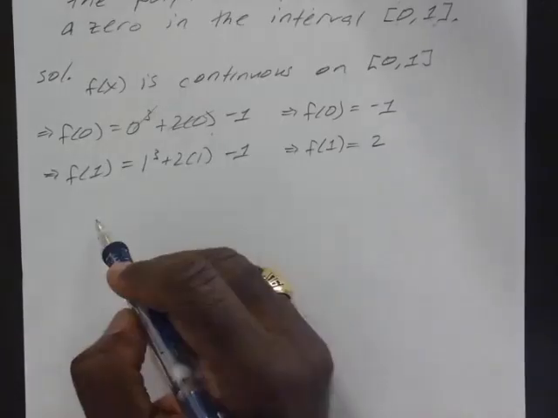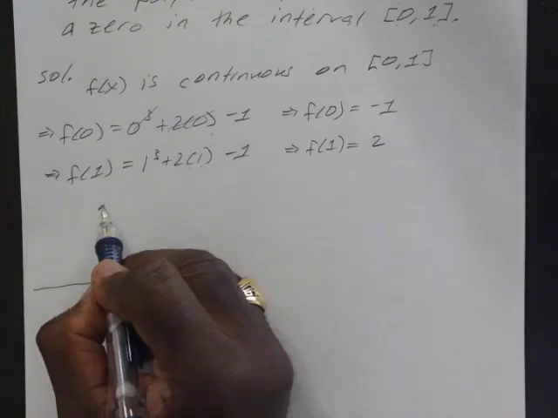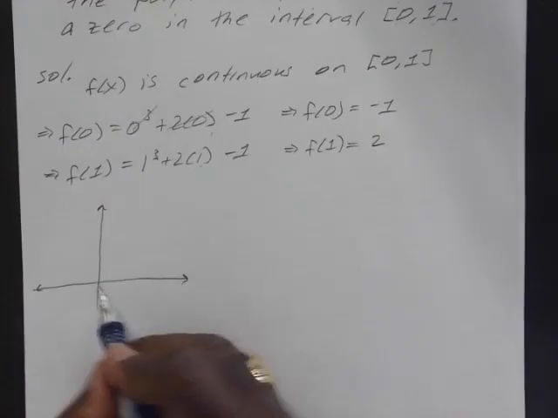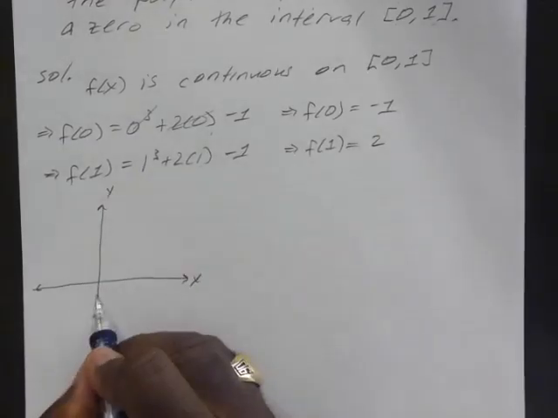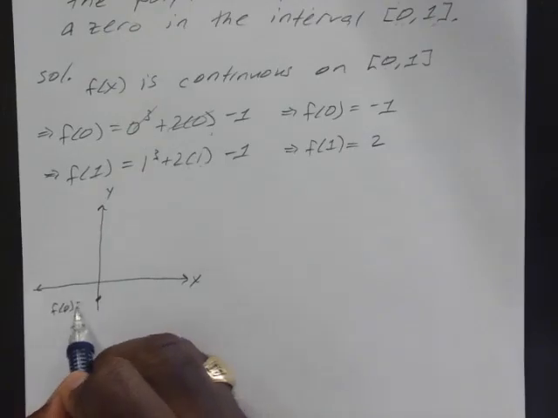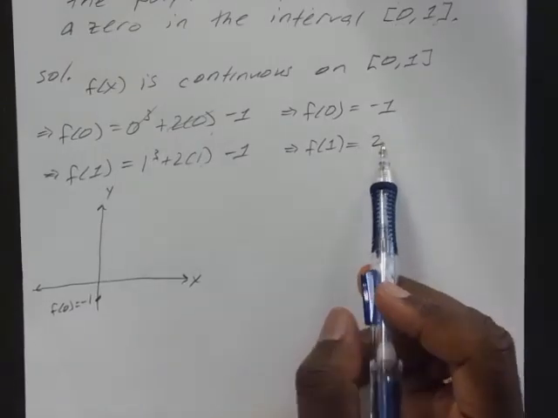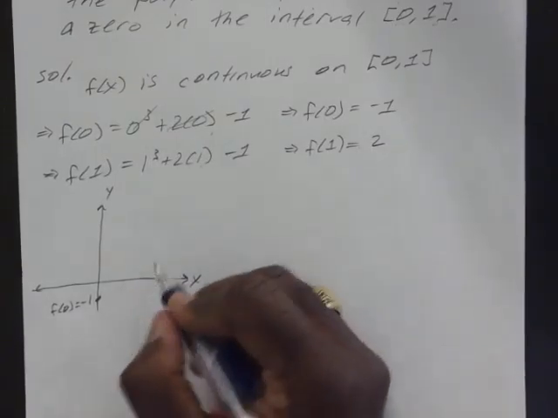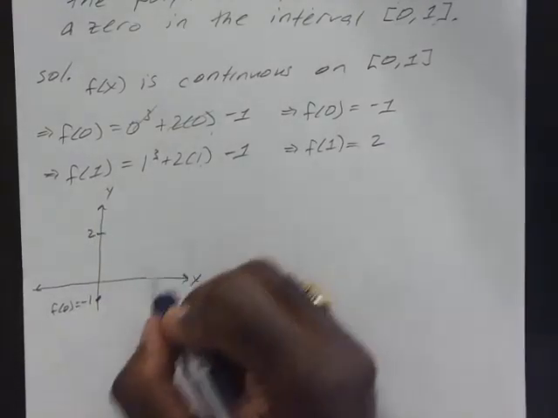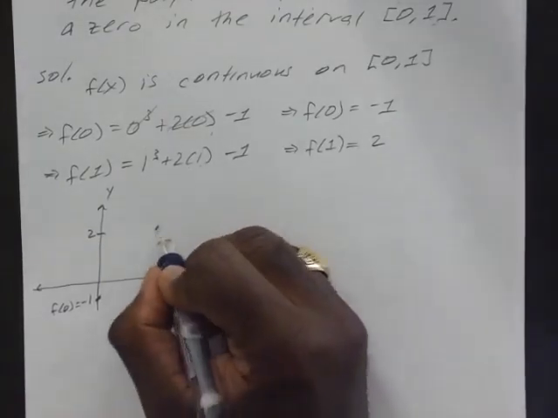Okay, so that means, just to help visualize, make our x and y, f of 0 is equal to -1. And f of 1 is equal to 2. And put our 1 right here.